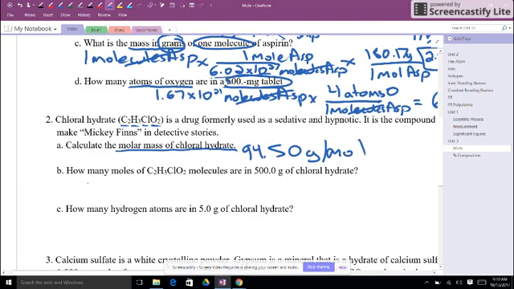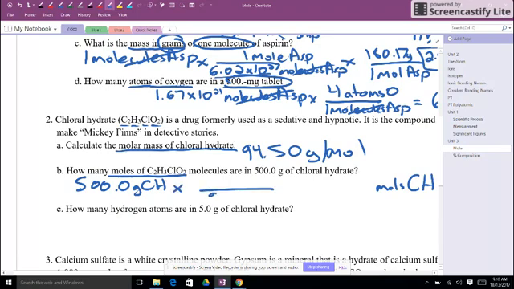Now for this question B, how many moles of chloral hydrate are in a 500 gram sample of chloral hydrate? So we're going from grams to moles, so that tells me that I want to cancel out the grams unit. So I'm going to put 94.50 grams of chloral hydrate on bottom, and that's always equal to 1 mole of the substance.